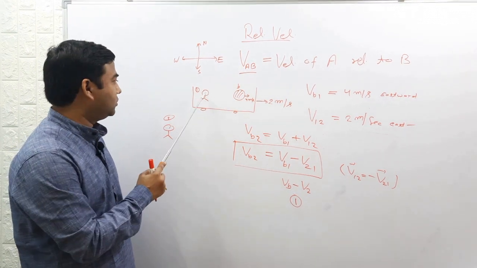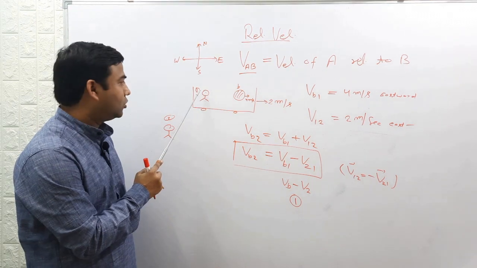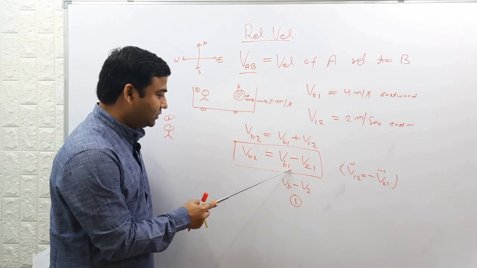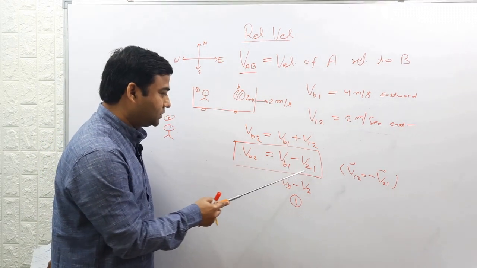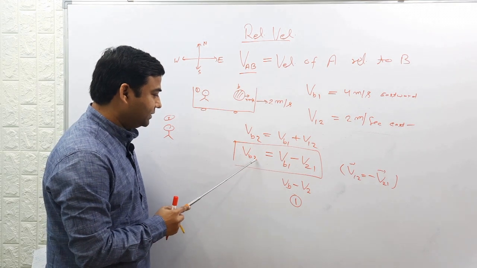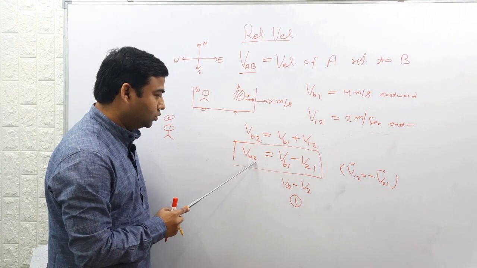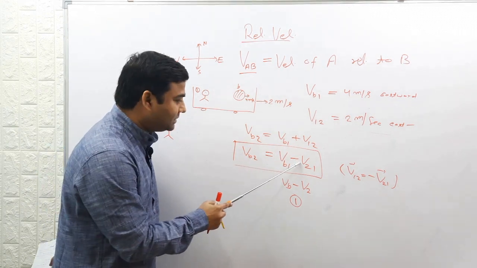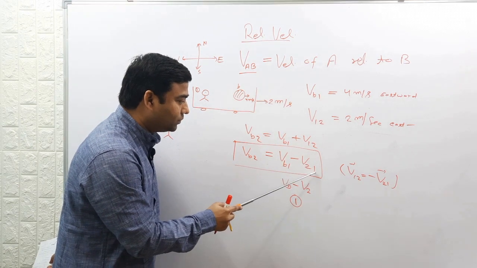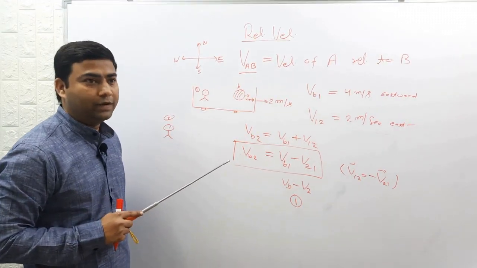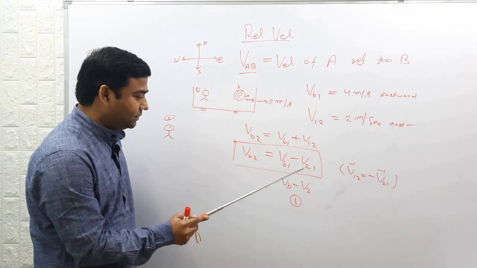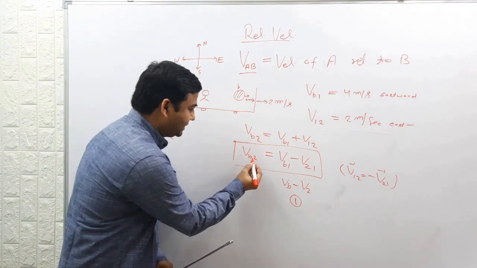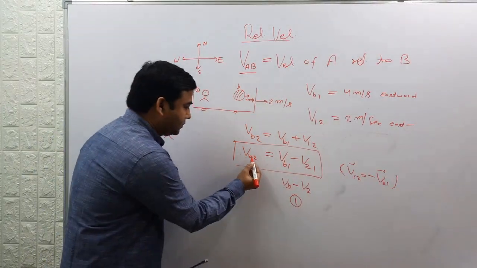It can be any common frame. It is not necessarily frame 1 or observer 1. It can be any common observer. Here that common observer is observer 1. So VB relative to 2 is velocity of B with common observer 1 minus velocity of 2 with common observer 1. Or simply, for remembering purpose, VB minus V2. Just put the minus sign here.